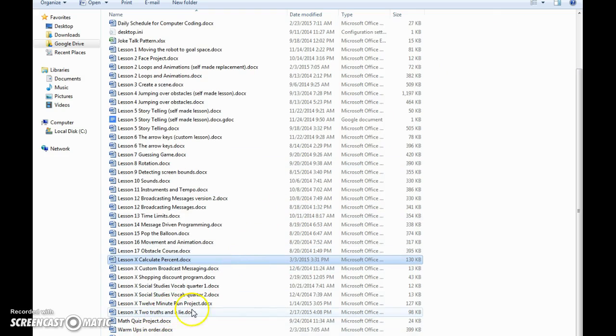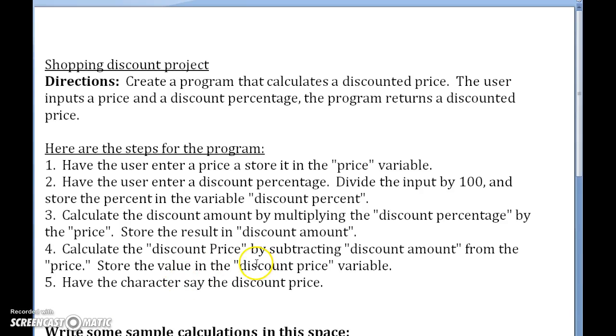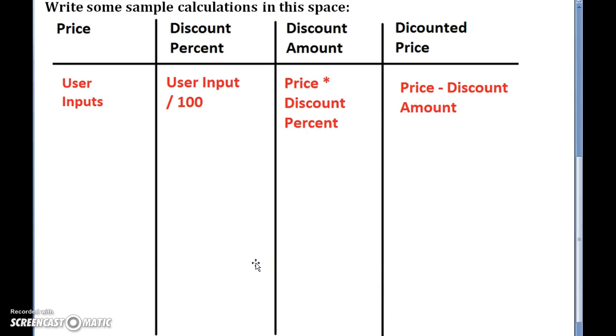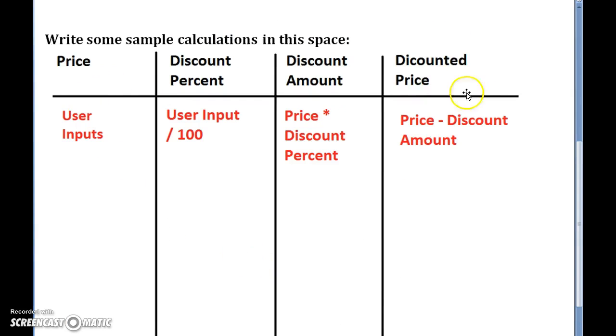After that, today I'm going to do something really similar. There's another file for this. I call it the shopping discount program, and I haven't done this yet, but it's a real similar thing with variables, and we're going to walk through as a class how to calculate a discounted price. So the user will enter the price plus a percentage, and then you'll have to calculate these.